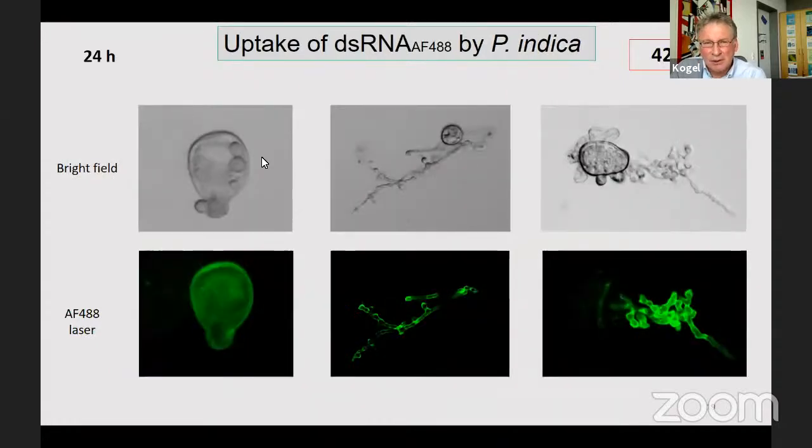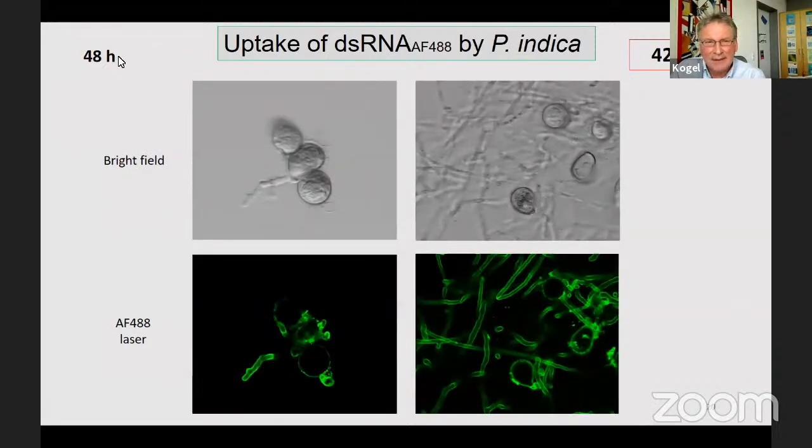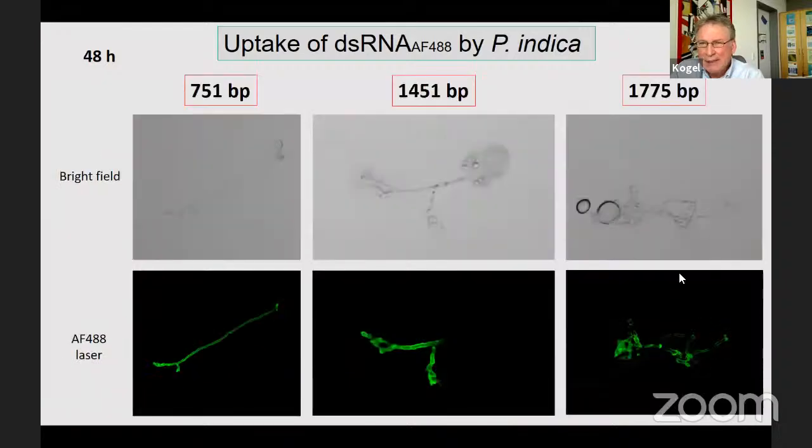We also tested different lengths of double-stranded RNA again against Piriformospora, and you see all these RNAs are taken up independent of the lengths. We have here after 2 days very strong uptake in hyphae, indicating it's very, very sensitive to double-stranded RNA.